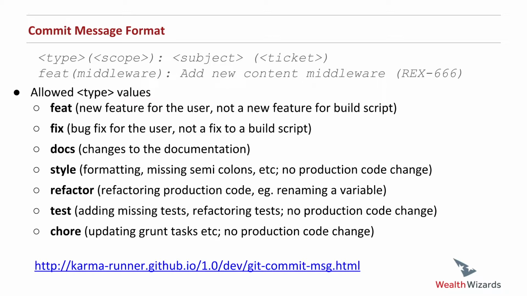There are also tools that can turn this style of commit message into a decently formatted changelog. I think the open source convention is you have one line that's a short description of the change, then a new line, and then a bigger description. If you do need a long description of what it is, then you can do a multi-line. Like I say, you should avoid it, because sometimes it can suggest that you're trying to do too much in one commit. So it's just something to watch out for.